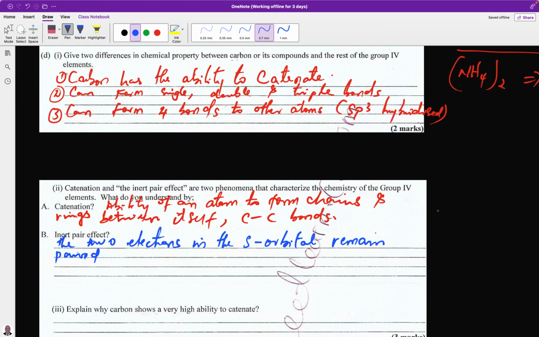So they remain paired and do not participate in bonding.